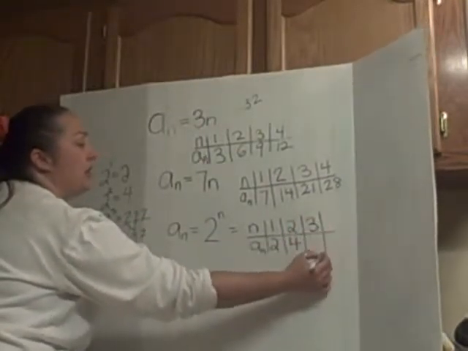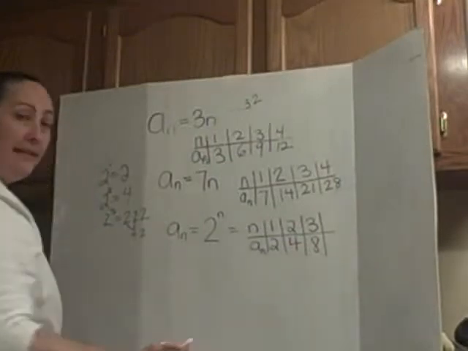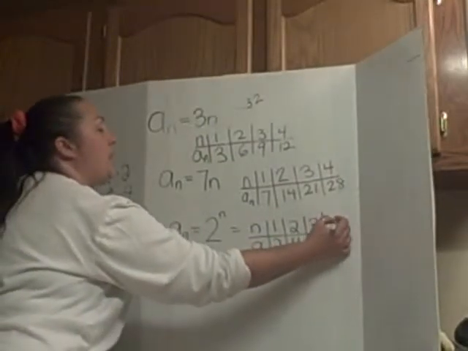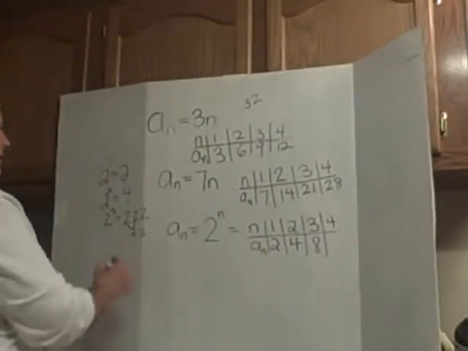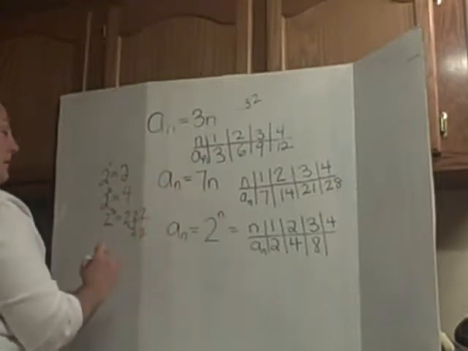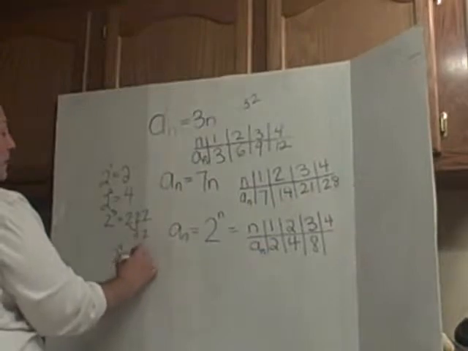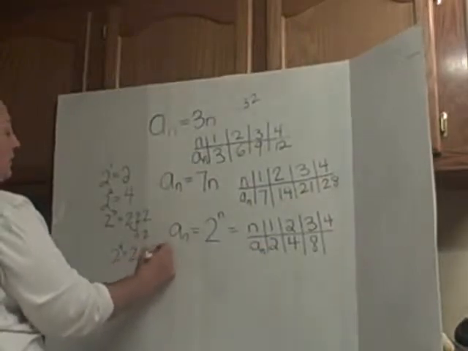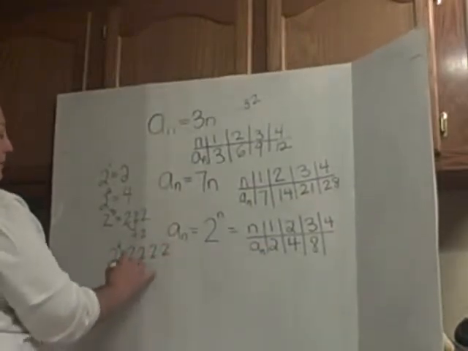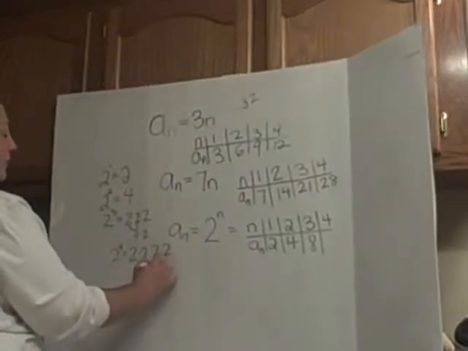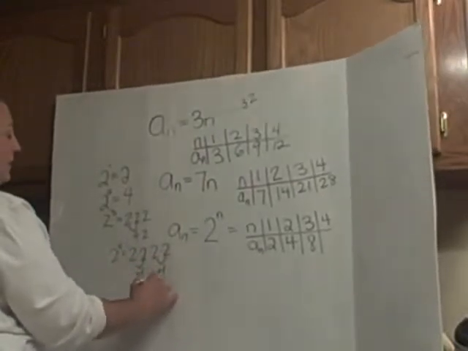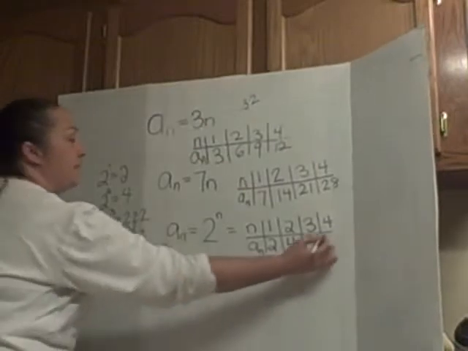So the third term of the sequence is 8. The fourth term of the sequence is when I plug in the number 4, which I would then have 2 to the fourth power, which is 2 times 2 times 2 times 2. 2 times 2 is 4, 2 times 2 is 4, and 4 times 4 is 16.